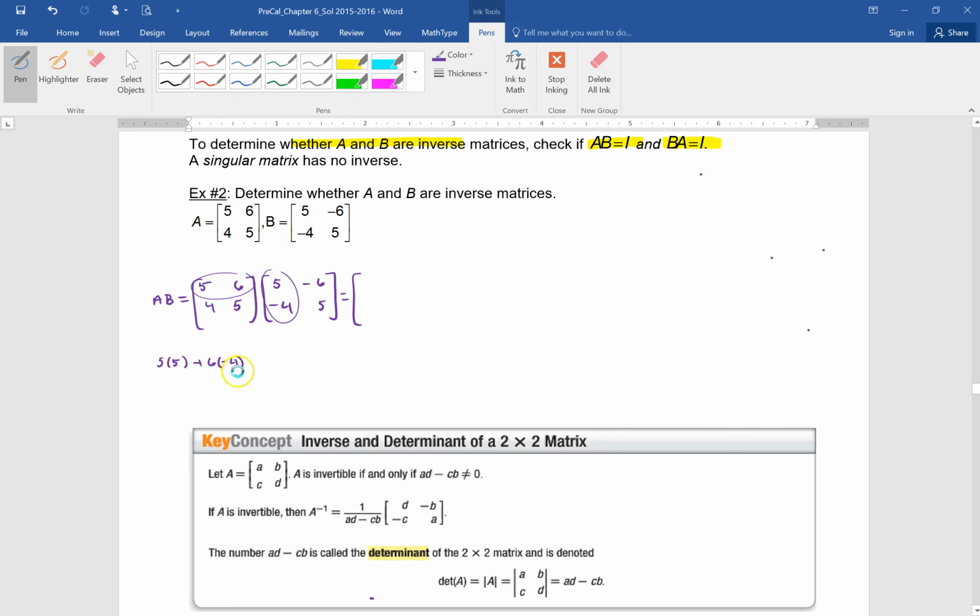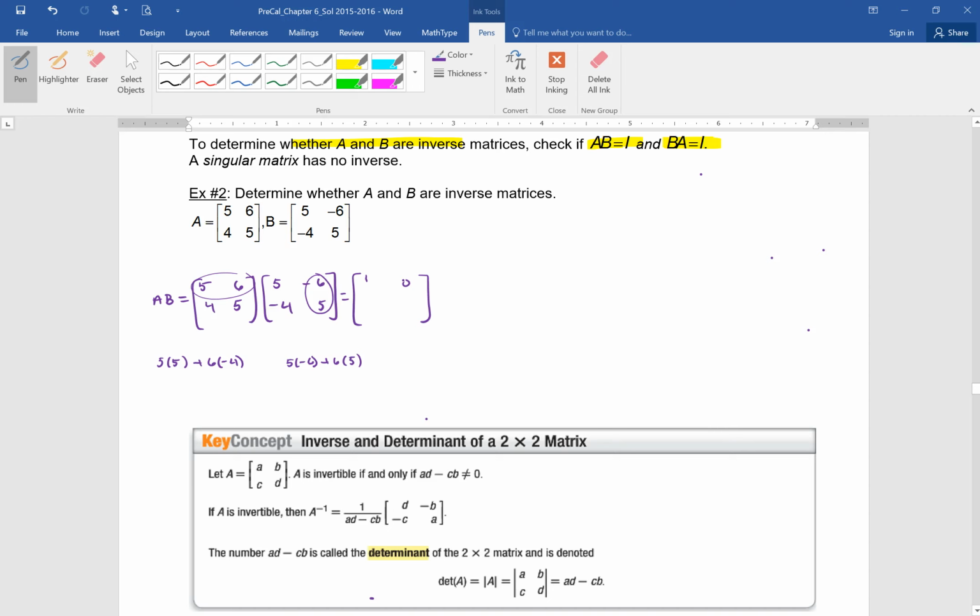How much is that? That's a 1, right? Row 1, column 1. Okay. Now I'm going to do the one right over. That's row 1, column 2. And that's 5 times negative 6 plus 6 times 5. How much is that? 0.